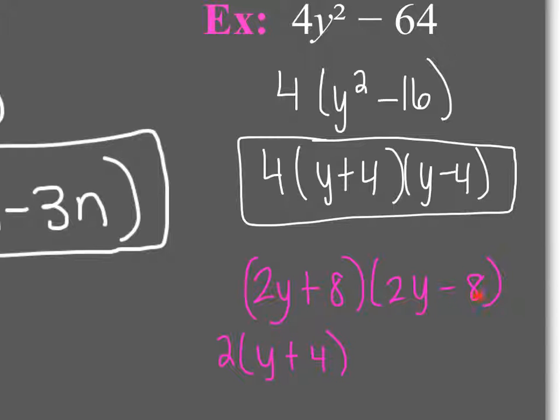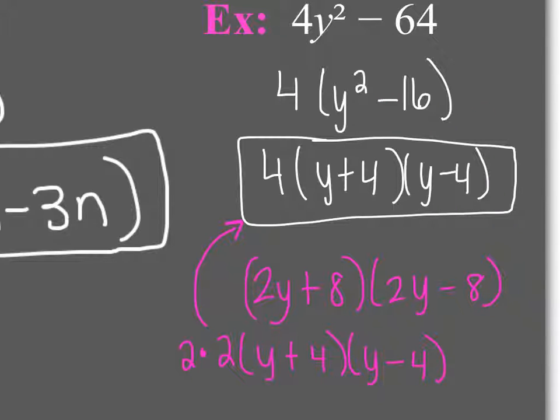But then 2y minus 8 also has a common factor of 2. I'm going to pull out another 2, which leaves you with y minus 4. But these two 2's multiply each other to get that 4.